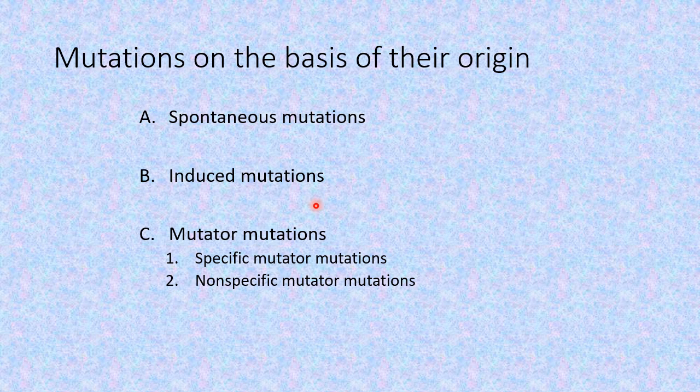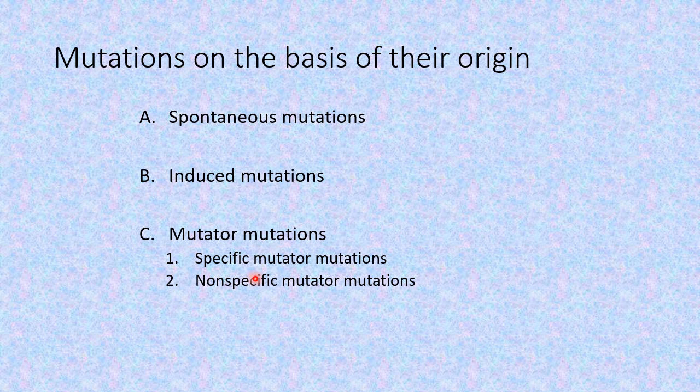And the third category is the mutator mutants. Mutator mutations means that there are certain mutations which cause the mutation of some other segment of nucleotides.